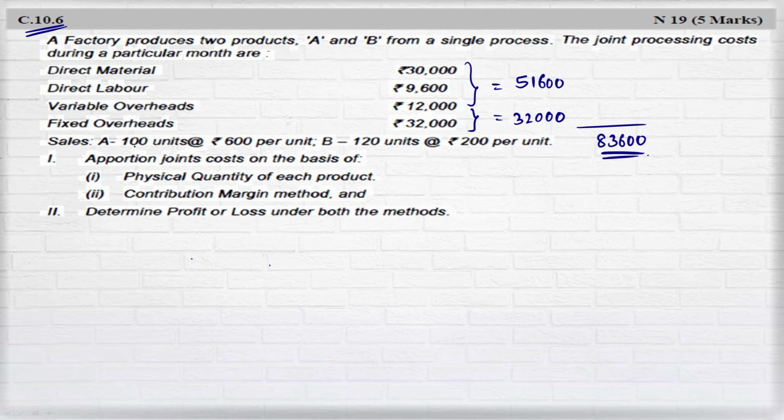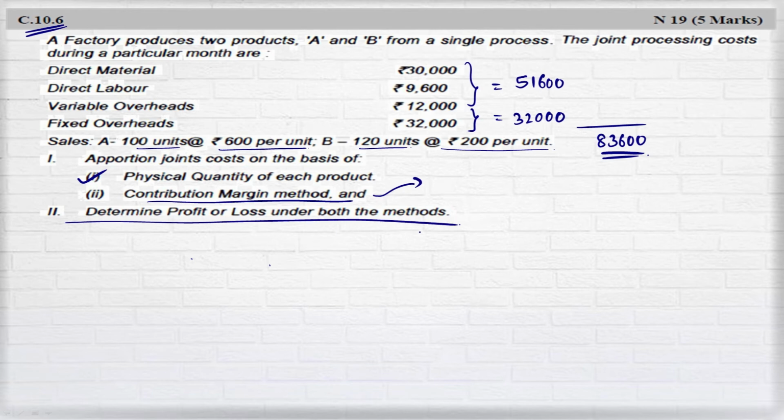Sales A 100 units, rupees 600 per unit, and B is 120 units at the rate of rupees 200 per unit. Apportion joint cost on the basis of physical quantity of each product. This we have already done once. Contribution margin method. This is a new method for us. Determine profit or loss under both the methods.